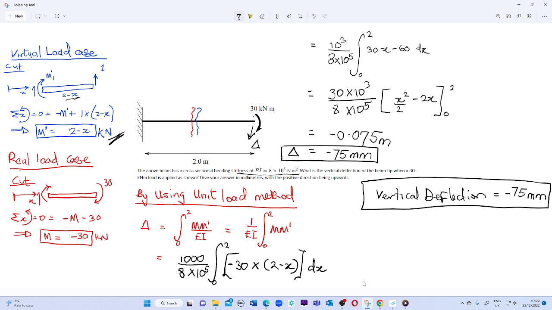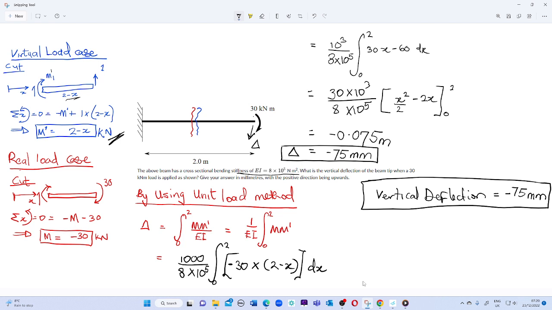So therefore, the summation of the moment acting from the x, assuming that the anticlockwise equals 0, becomes minus m, which is the real moment, minus 30. So therefore, our m equals minus 30 kilonewton.